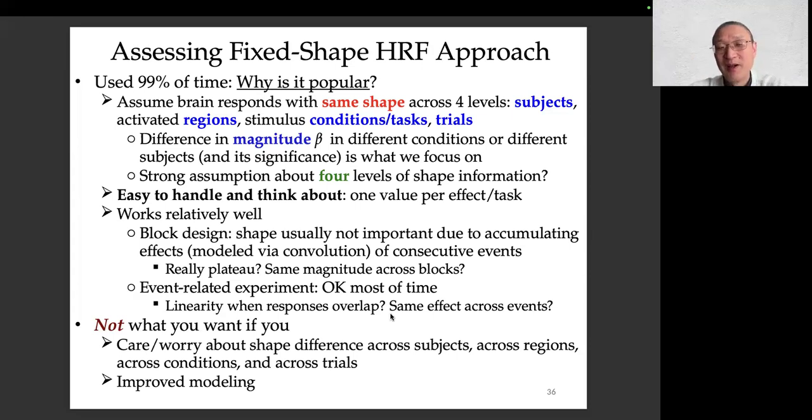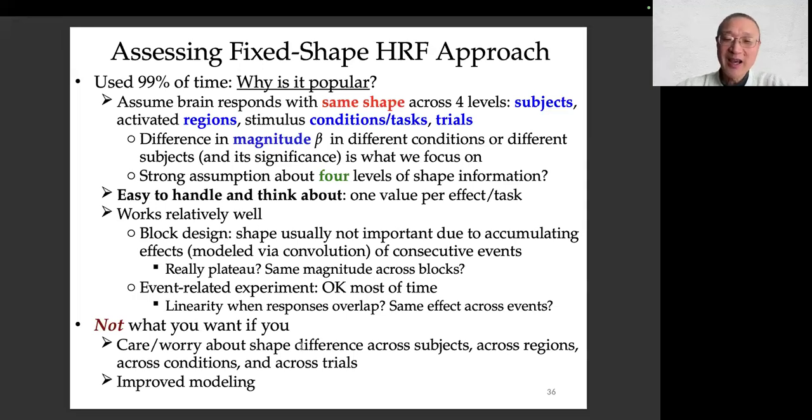Well, that's a strong assumption, but it works reasonably well if you design the experiment carefully, and for regions like motor regions or visual cortex. But if we move away from regions with a strong response, for example prefrontal cortex, subcortical regions, the canonical HRF may give us compromised results. Sometimes even substantially biased, it will sacrifice detection sensitivity.